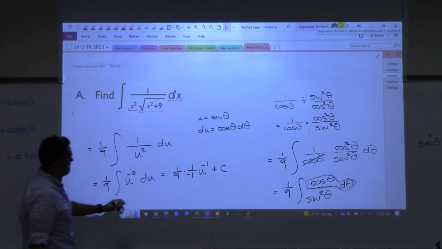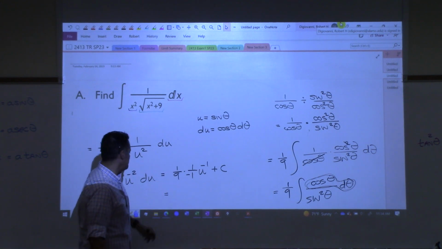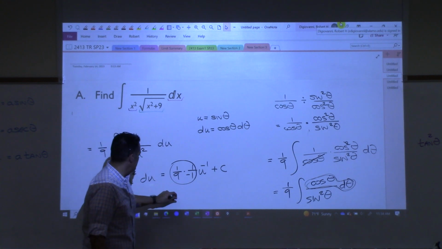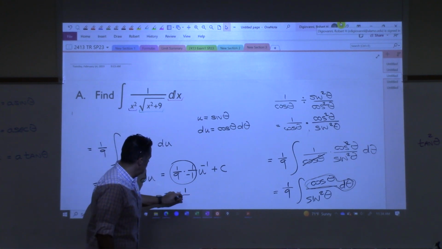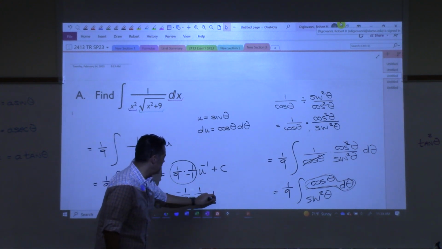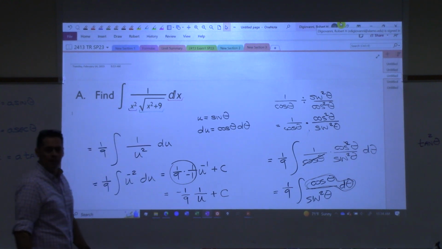Right, gotcha. This becomes, I'm going to put those together to be negative 1/9, and then u to the negative 1. I can leave it as u to the negative 1, or I can write it 1 over u. Let me write it 1 over u plus c. That's the same thing, right?